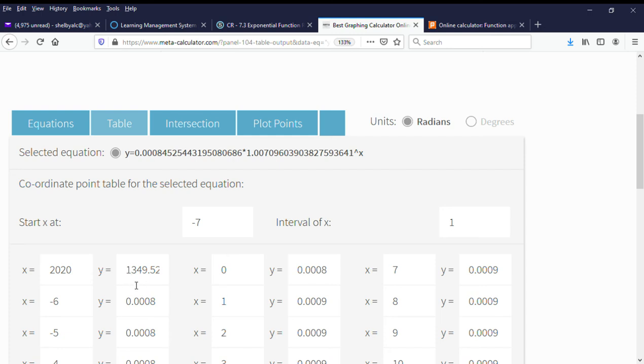In D, the next step is to estimate when the population might reach 1.5 million. It would be awesome if we could type in here, but unfortunately we can't. It would be cool to type 1500 here and have it tell us what Y is. Unfortunately, we have to go out.